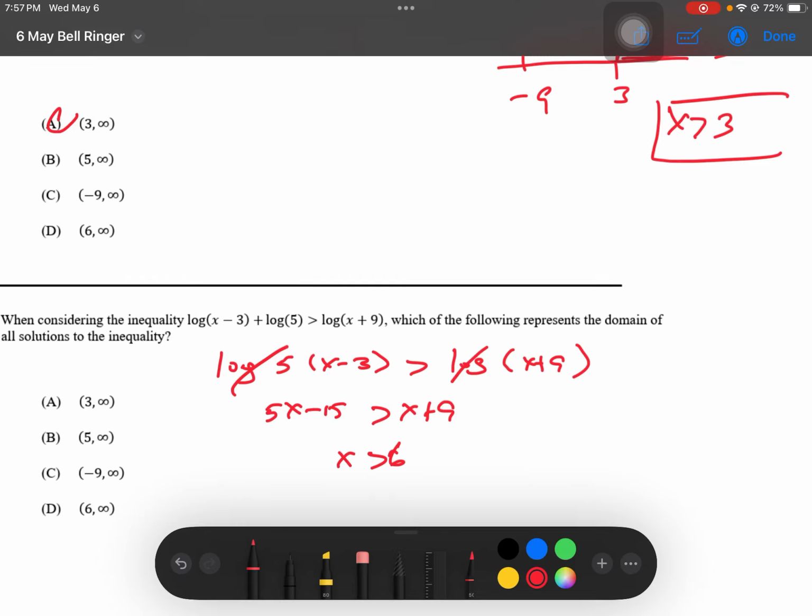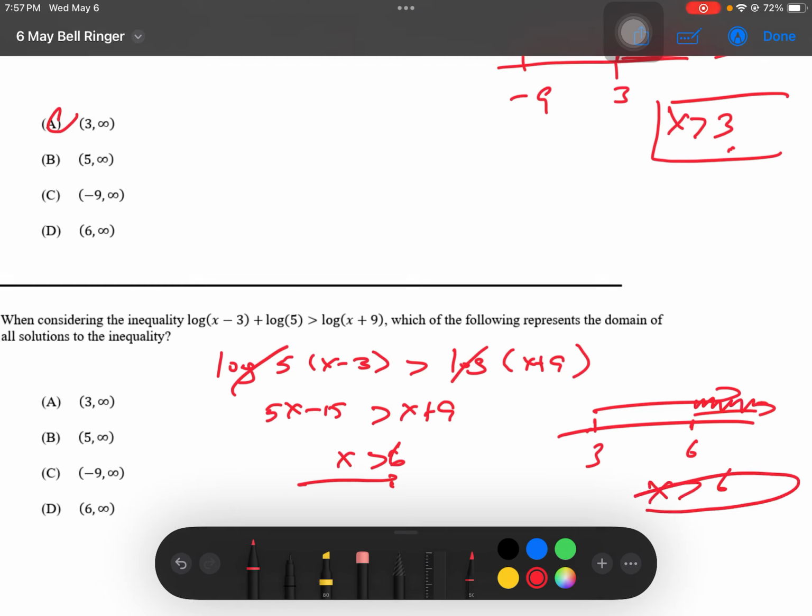So now, once I solve the log, I have this restriction. I'm going to compare this one to the initial restriction and see what is the shared domain. So I'm going to have a 3 here, x is greater than 3, and a 6 there. So where do I have the shared domain? So my answer is going to be x is greater than 6, okay? So the answer is going to be here, D.